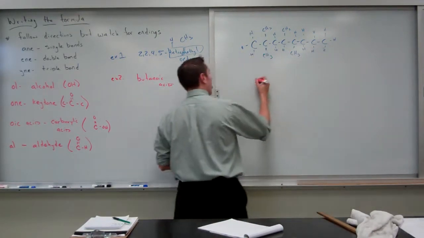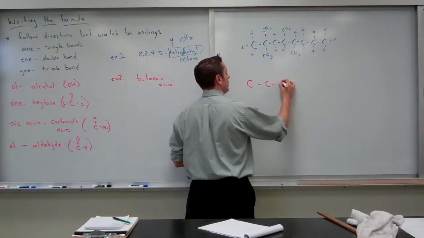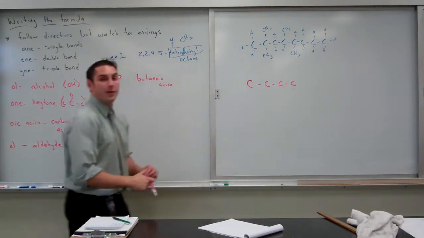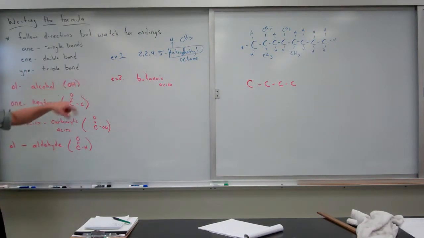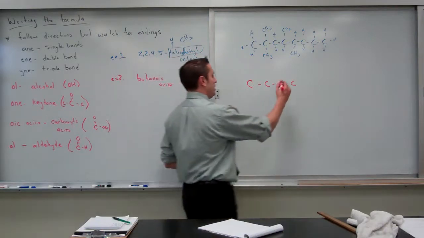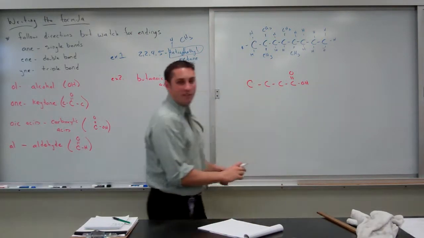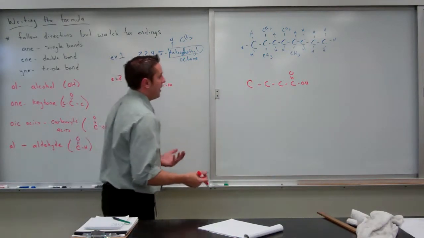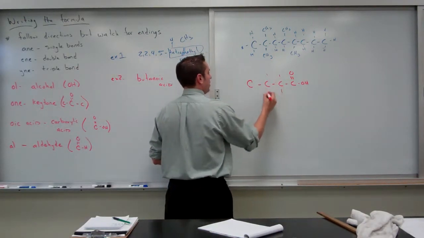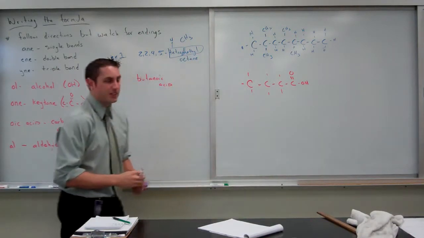So I'm going to do 4 carbons. 1, 2, 3, 4. But the very last carbon is going to have the carboxylic acid ending, which means I have a double bonded O, OH off of the end. And then from there out, fill hydrogens in the rest of the way.